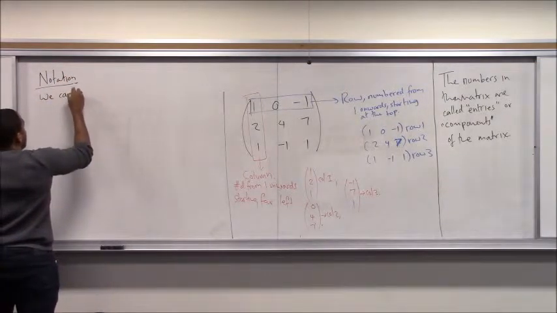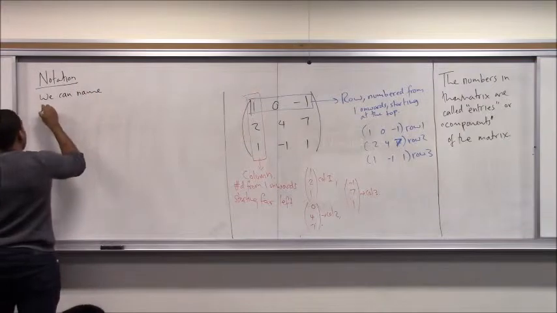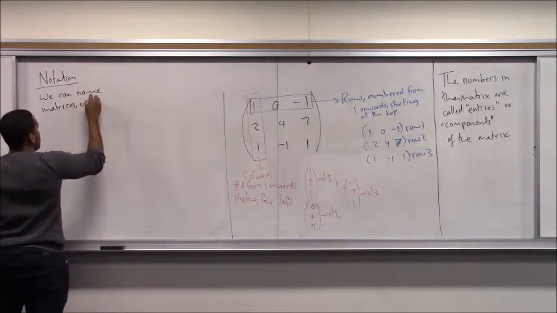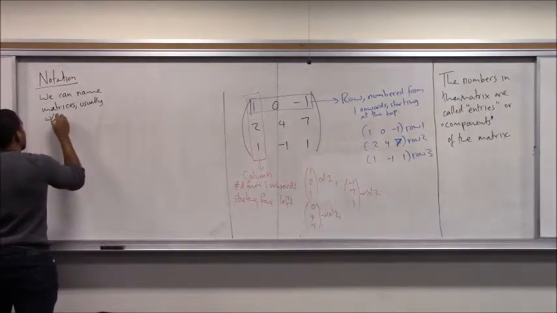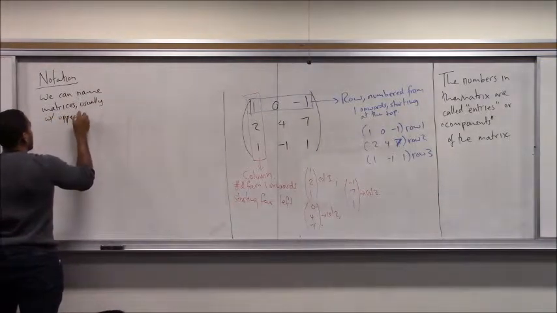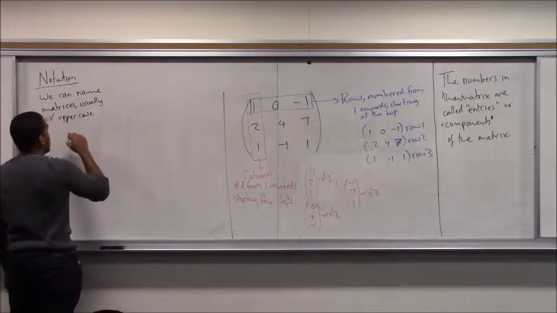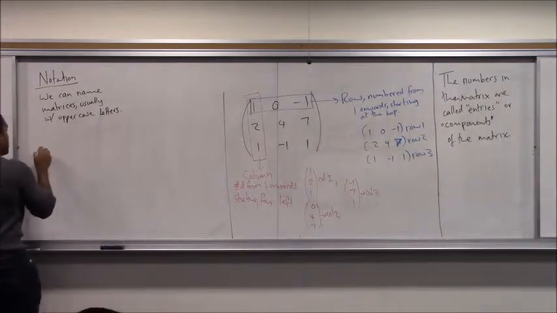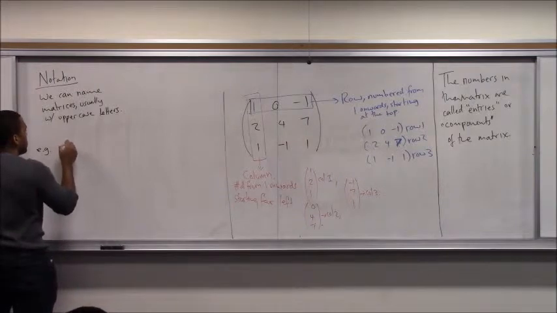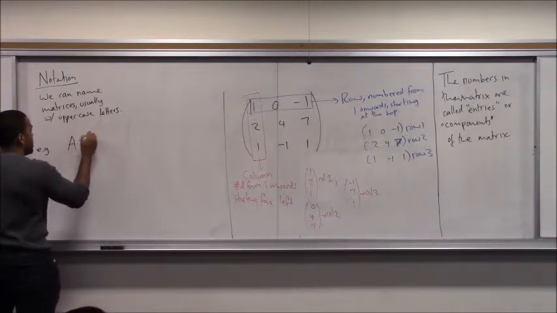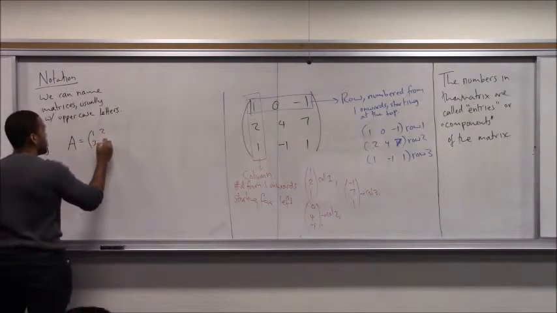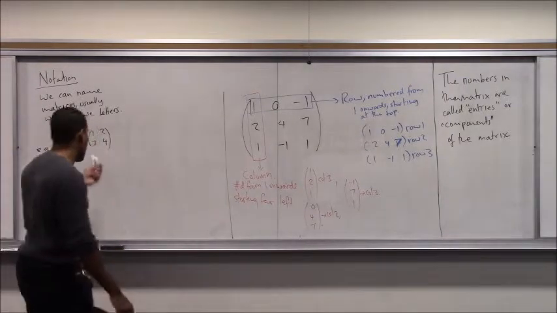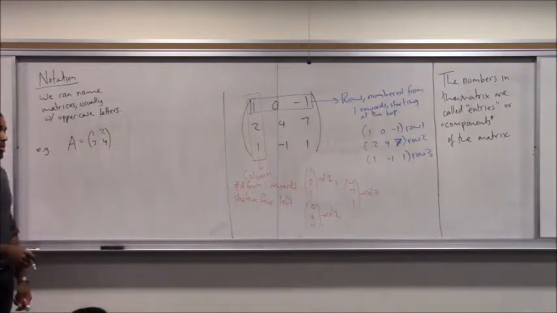We can name matrices, and this usually happens with uppercase letters. Not always, but that's the usual convention. So, for example, we can say, let's call the matrix A, that is 1, 2, 3, 4. So now every time I write down uppercase A, you know I'm talking about that matrix 1, 2, 3, 4.